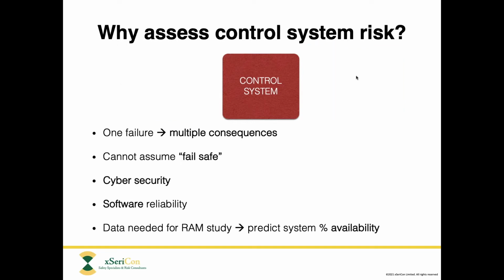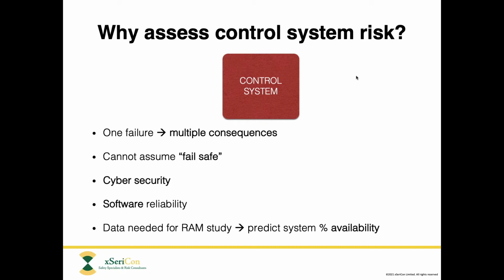So I think one of the reasons why it's important to focus on risks that arise from upsets in the control system itself is that in contrast to process system upsets or process equipment upsets, a single failure in the control system could lead to multiple consequences.